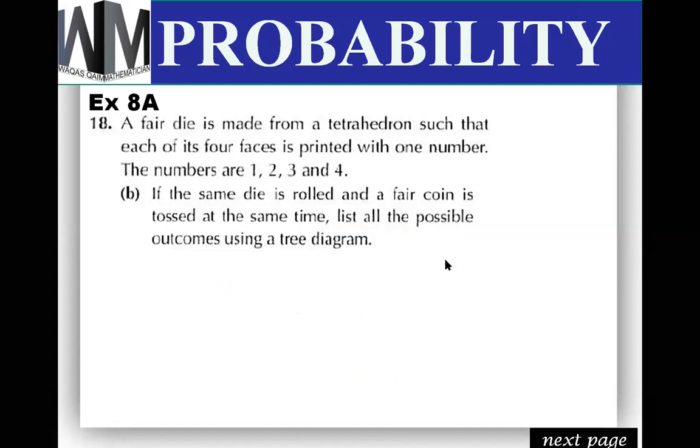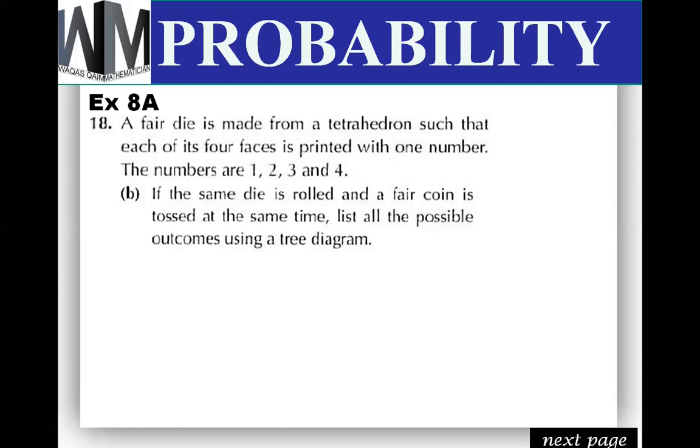Okay, let's try this one. Yesterday we left this, we did this one but without using the tree diagram. This is question number 18 of exercise 8A. In part B, we were supposed to write all the possible outcomes by using a tree diagram. So now you all are going to try this one.